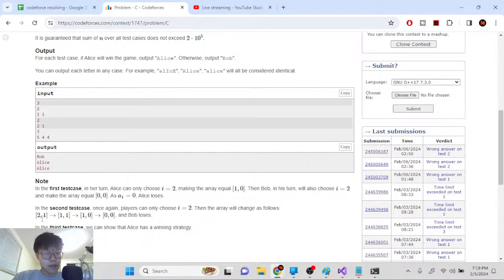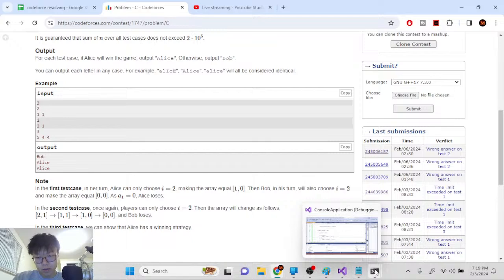So we have Alice's turn, Bob's turn, Alice's turn. End of Alice's turn, it should be 1, 0, which is what we have, right?